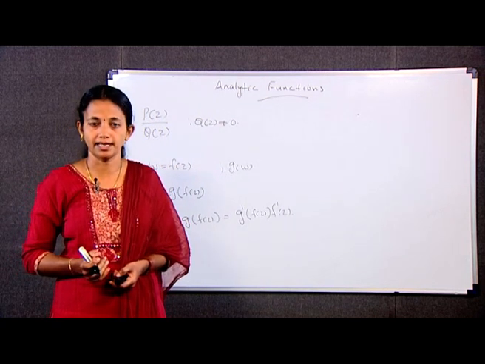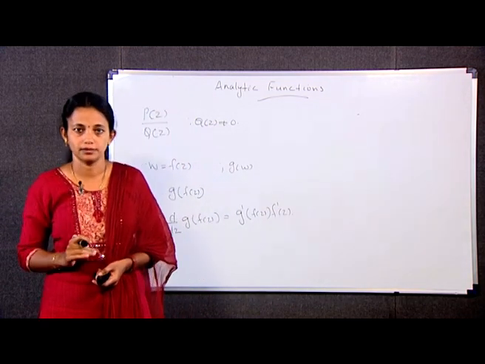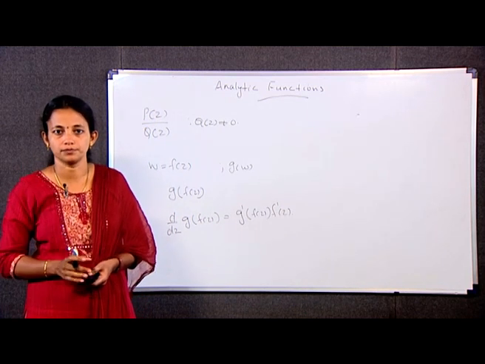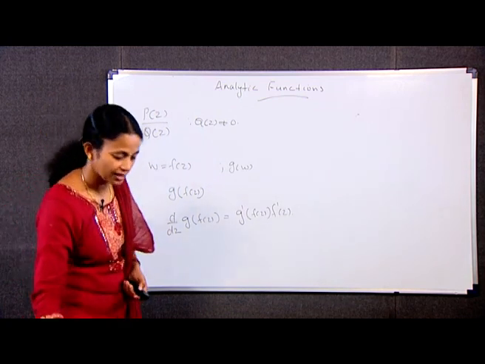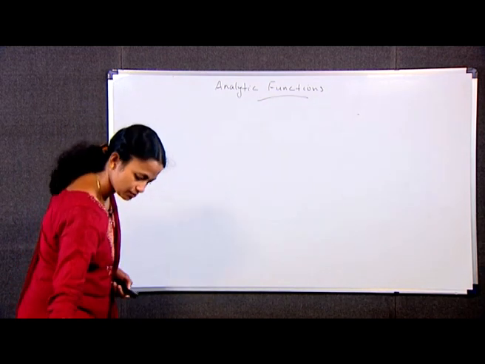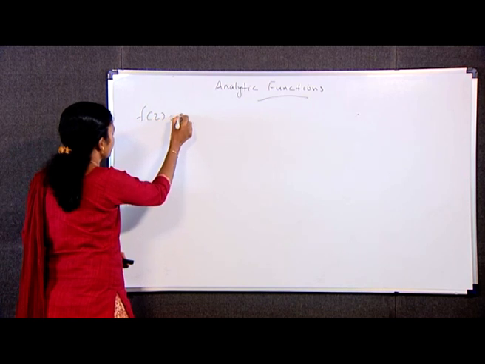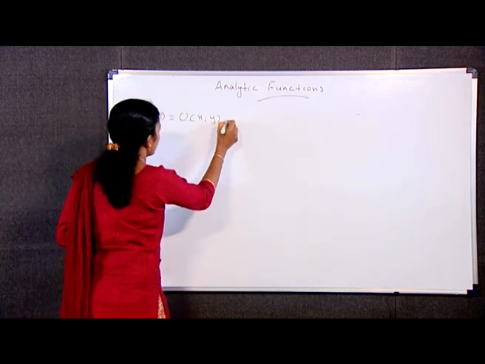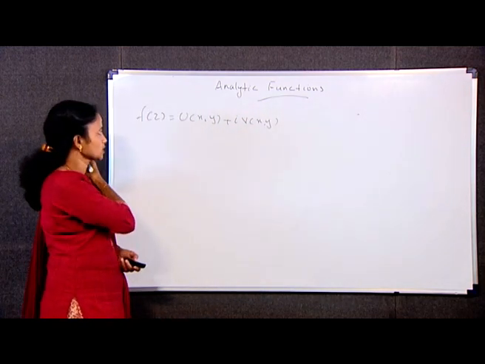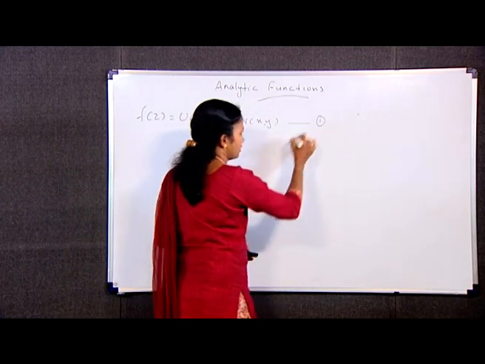Next theorem is that if f dash z is equal to 0 everywhere in a domain D, then fz must be constant throughout D. We can write fz is equal to uxy plus I into vxy. Mark it as equation number 1.